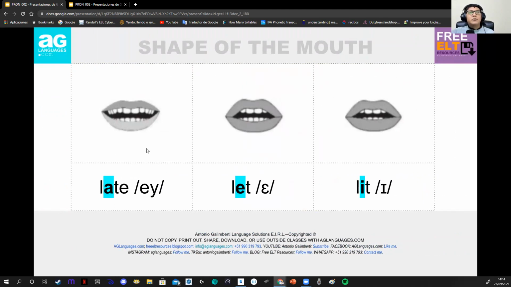Okay, so we have mouth opening, shape of the mouth. In late, A, tense, late. Okay, you feel the tension here in your cheeks. There's tension, let. The shape of the mouth is like this, let, and lit, lit.